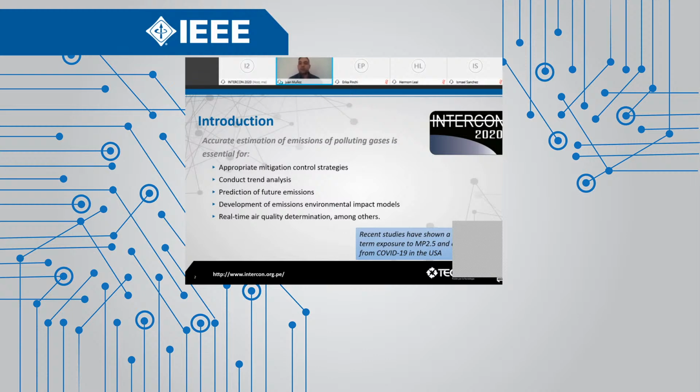So why do we need to estimate emission factors, and in general, why do we need to quantify emissions? Basically, we need an accurate estimation of emissions to help us build appropriate mitigation and control strategies.